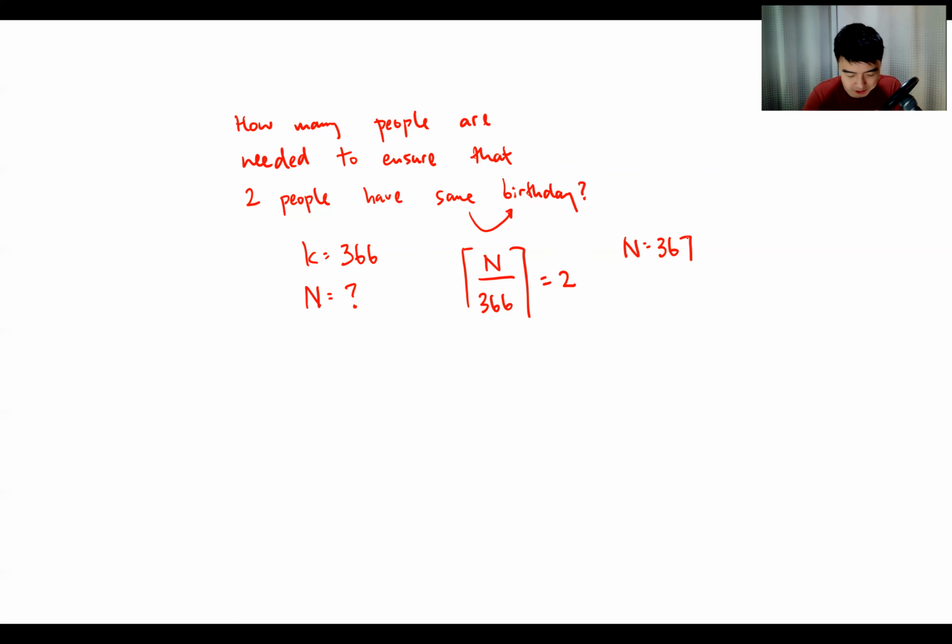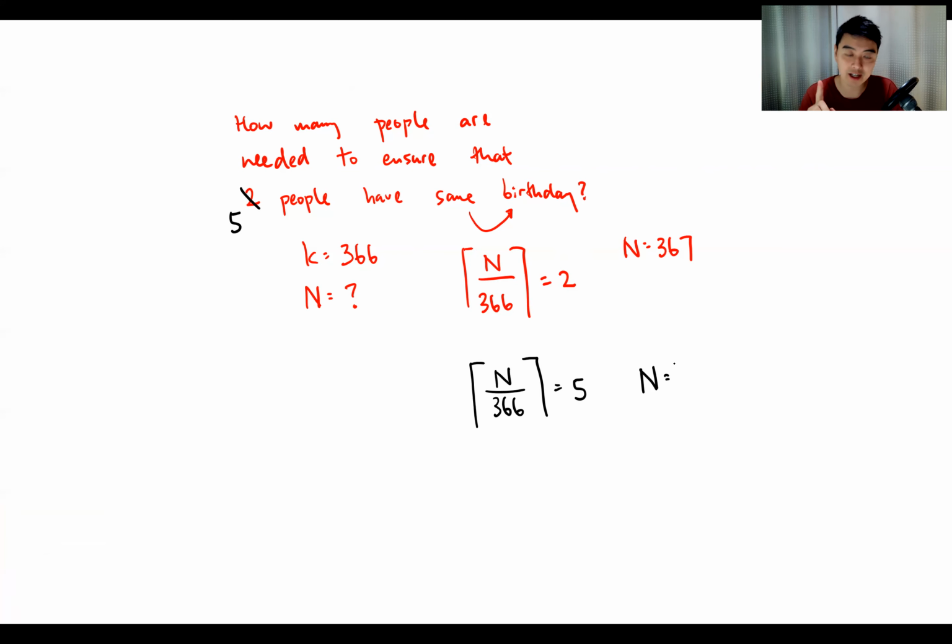But what if I changed the problem a little bit? What if I said, instead of 2 people, how many people are needed to ensure that 5 people have the same birthday? Again, we're solving the same problem, but in this case, we have the ceiling of n over 366 equal to 5. And again, we want to solve for n.